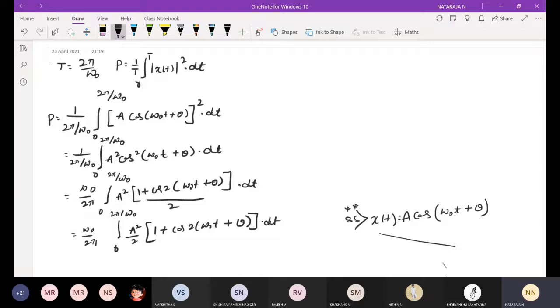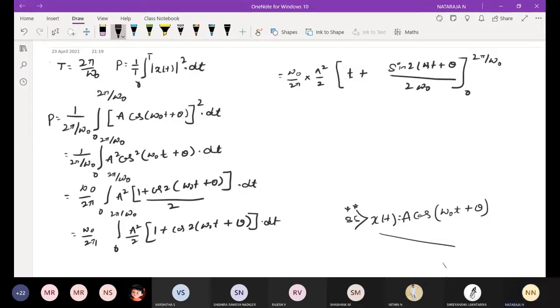Now you take this constant outside and integrate this. I'm going to do it all in one step. Omega naught by 2 pi into a square by 2, integration of 1 plus cos 2 omega naught t plus theta, that I am going to take as t plus sin 2 omega naught t plus theta divided by 2 omega naught, limits from 0 to 2 pi by omega naught.